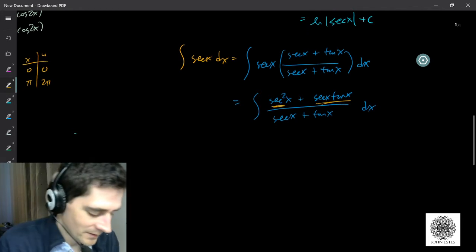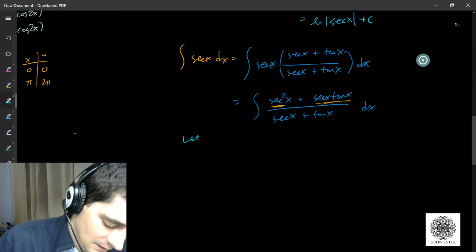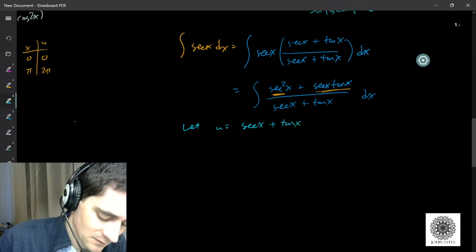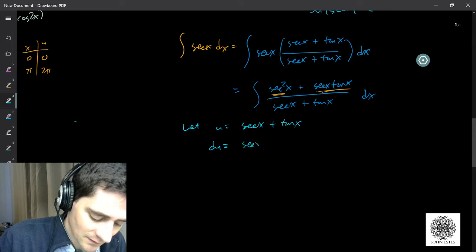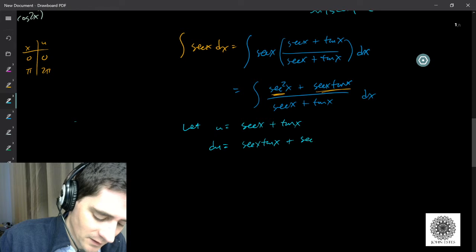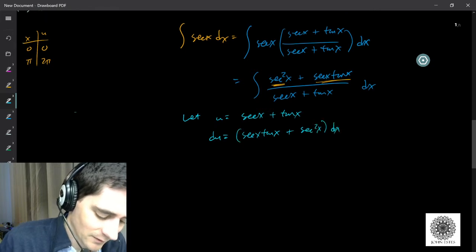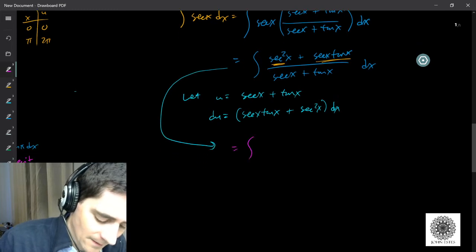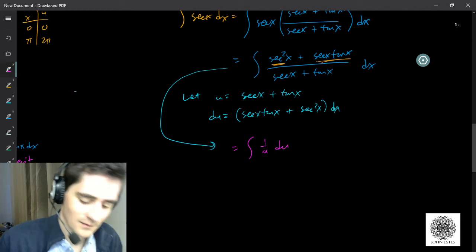So what I'm going to do here is let u be this secant x plus tan x. And when I do that, what's du? The derivative of secant is secant tangent. The derivative of tangent is secant squared, dx. So now look what my integral becomes. This is amazing. It becomes the integral of 1 over u du.